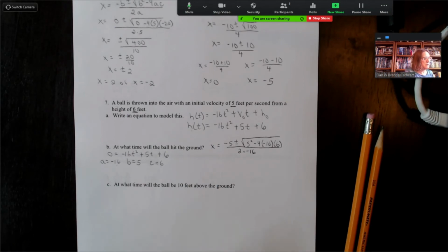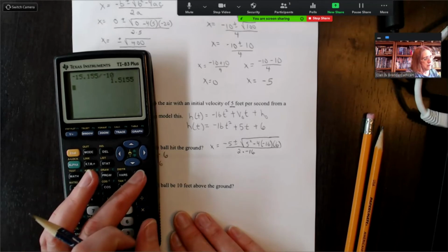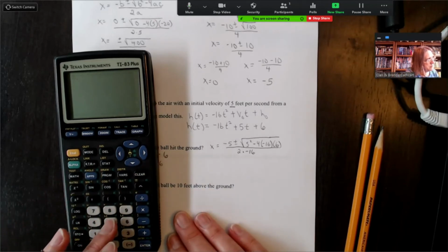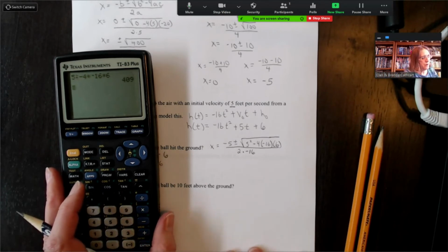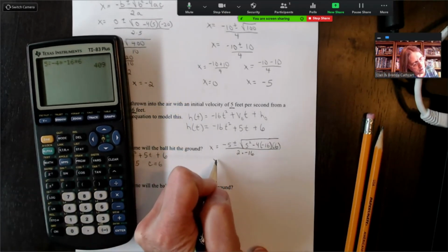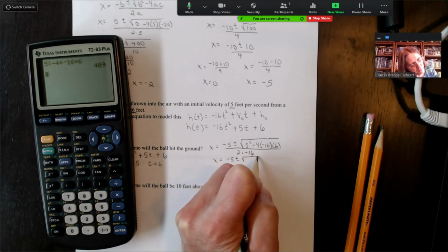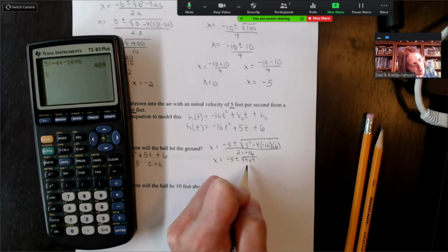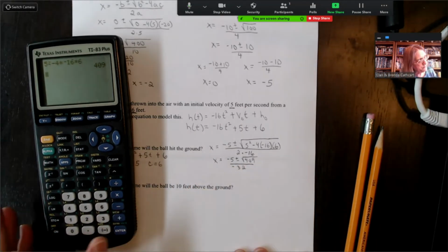So let's use our calculator for that. We're going to do 5 squared minus 4 times negative 16 times 6. And that gives us 409. So x equals negative 5 plus or minus the square root of 409, all divided by negative 32.